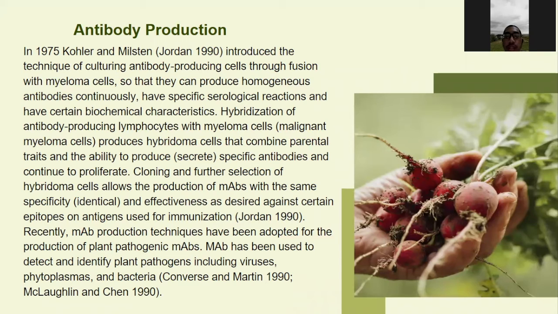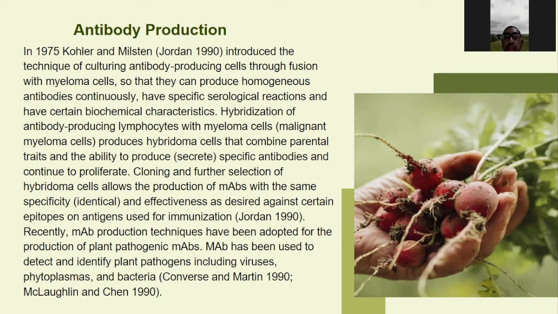Hybridization of antibody producing lymphocytes with myeloma cells or malignant myeloma cells produce hybridoma cells that combine parental traits and the ability to produce or secrete specific antibodies and continue to proliferate.